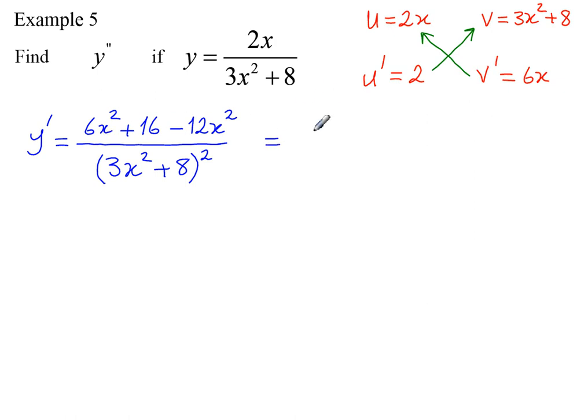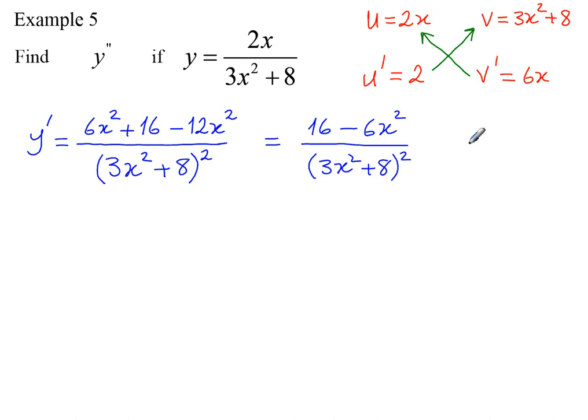In the simplest form, that would be 16 minus 6x squared minus 12x squared, that's minus 6x squared over the same denominator here, which is 3x squared plus 8 all to the power of 2. So this here is y dash in the simplest form.